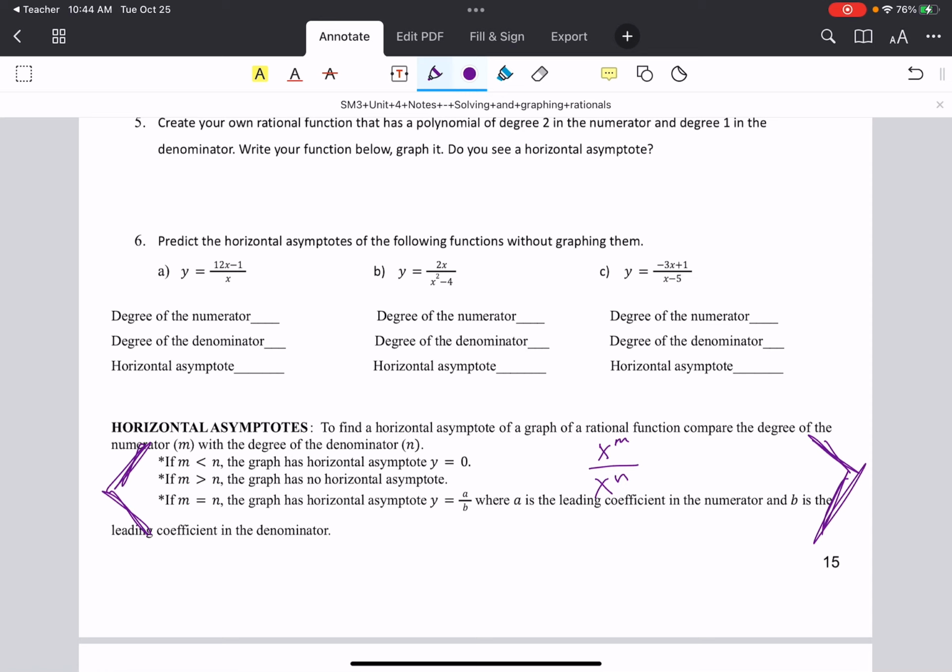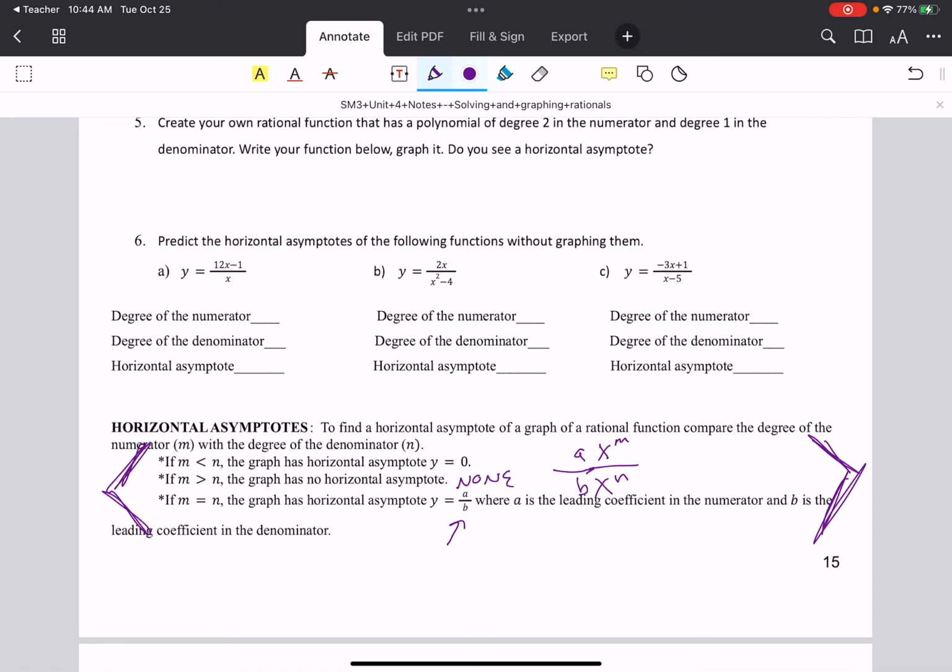If the numerator is bigger, then just like what Jake said, there's no horizontal asymptote because there's just no number. So you just write the word none if it asks. And then you divide the coefficients.